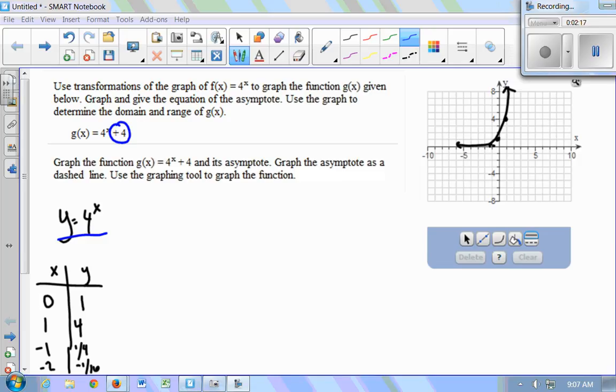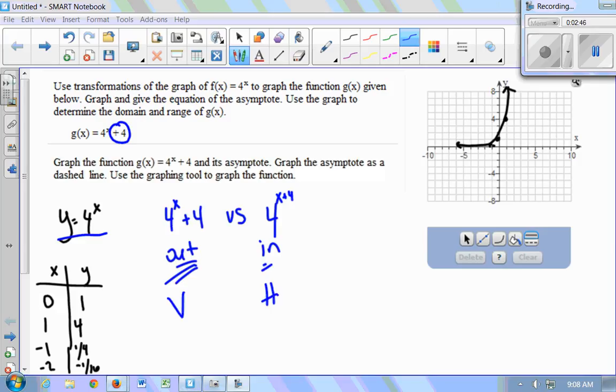By inside and outside, I don't know if Linda used that same language. 4 to the x plus 4, I think of that as an outside change versus an inside change where you change the x. If I had written the plus 4 with the x, I think of that as an inside change, right? So outside versus inside. Outside changes are vertical. Inside changes are horizontal.